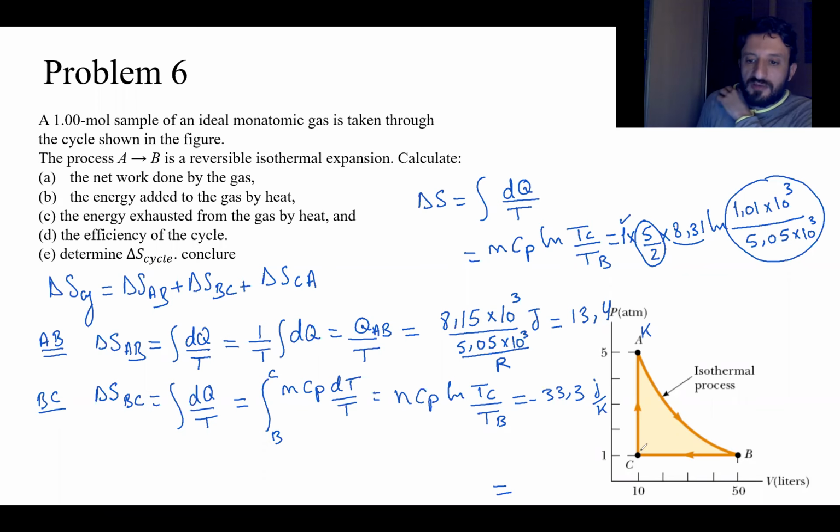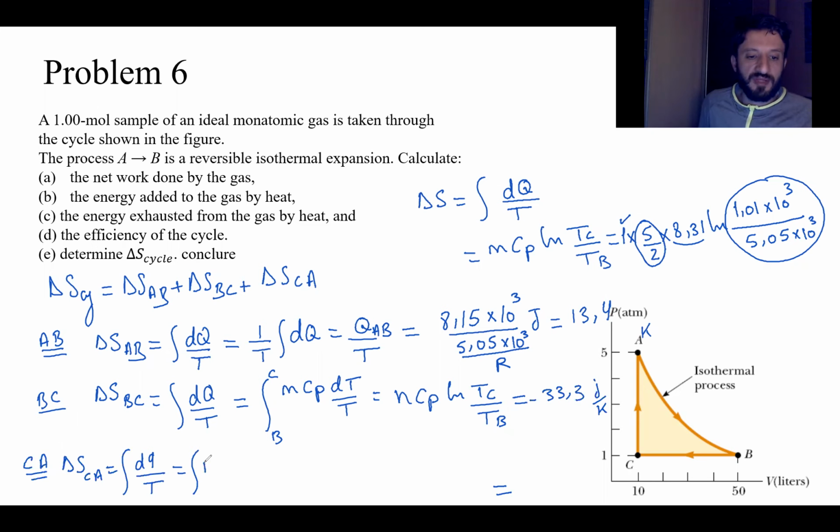We have to calculate delta S CA. In the case of CA, delta S CA equals the integral of dq divided by T. Here we have dq equals nCV delta T because we have constant volume.